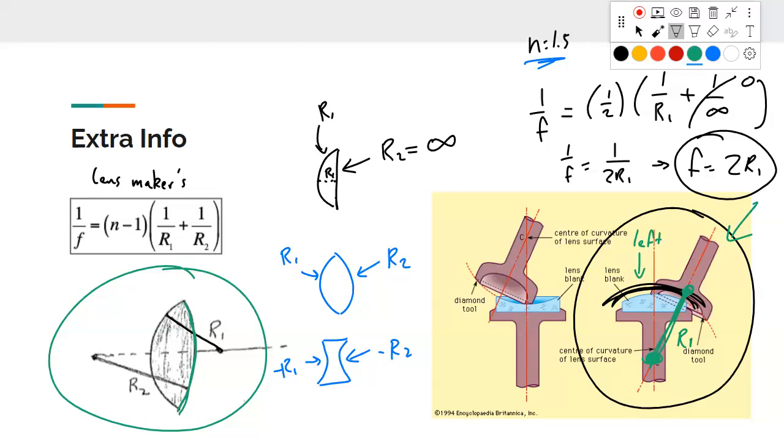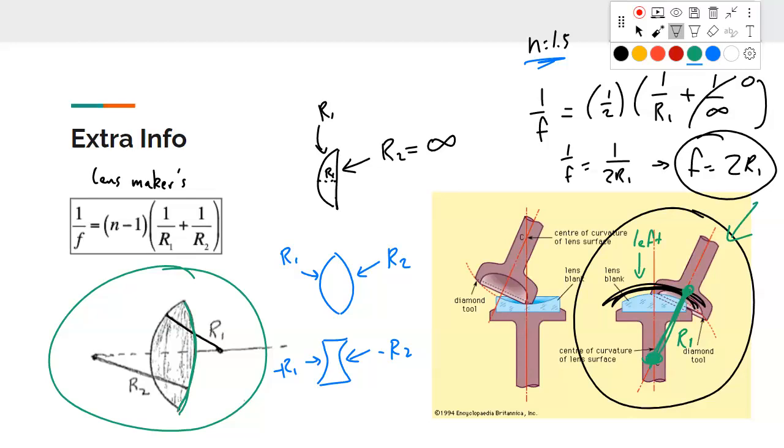That causes a greater change in the direction of the rays of light. We can see that from the fact that the focal length would get smaller in that case. As the radius gets smaller on the right side, the focal length gets smaller on the left side, since they're both on the same side of the fraction.